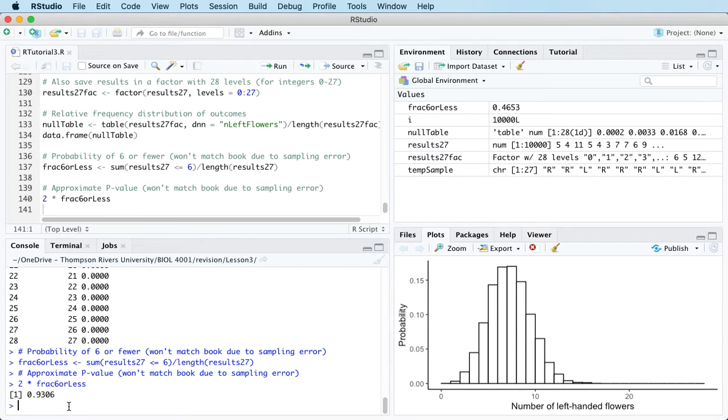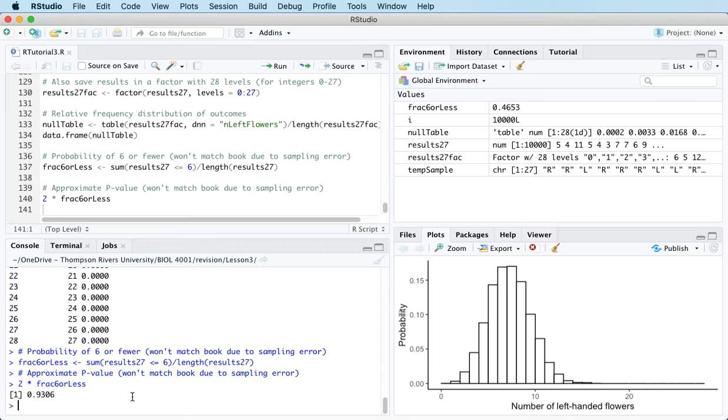So in this case, the data are suggesting that we cannot rule out the possibility that the population proportion of left-handed flowers is 0.25.